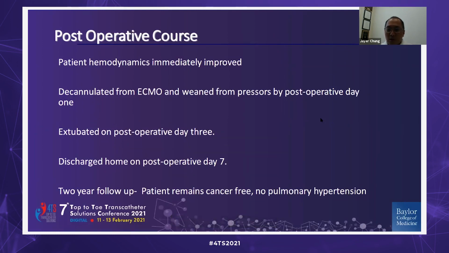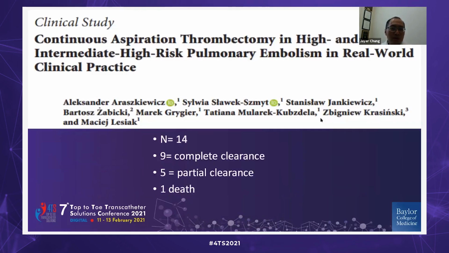So I wanted to show you this case because I think it exhibits the potential of aspiration thrombectomy to be used even in situations where thrombus is not present, but instead actually solid matter, solid chunks of debris. This is a little study that shows some of the early experience with aspiration thrombectomy in high risk and intermediate risk pulmonary embolism.